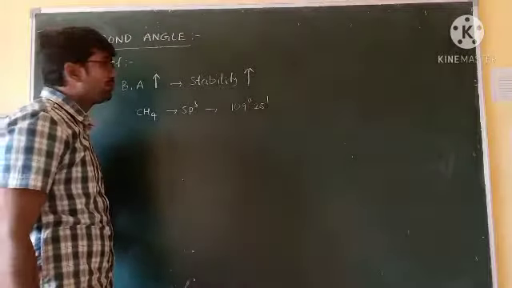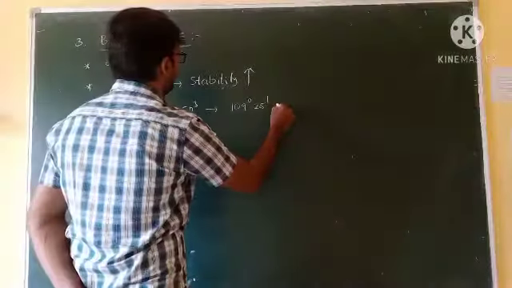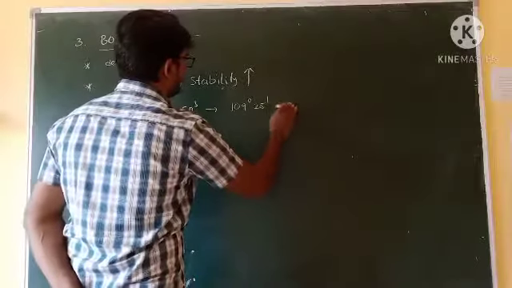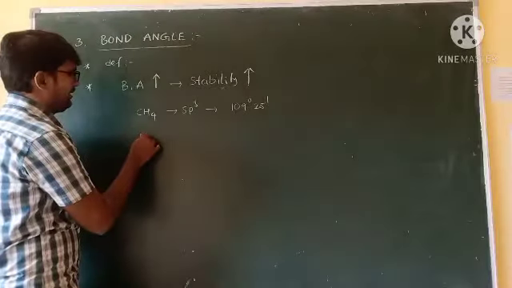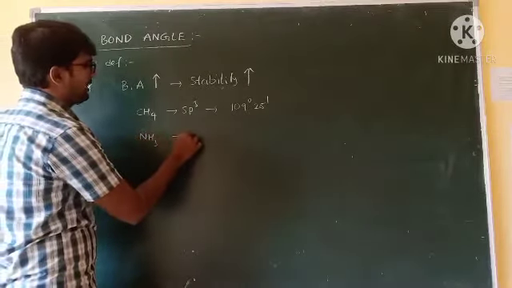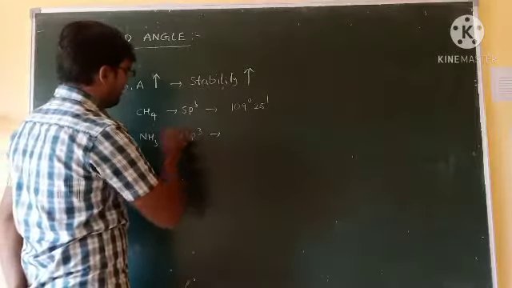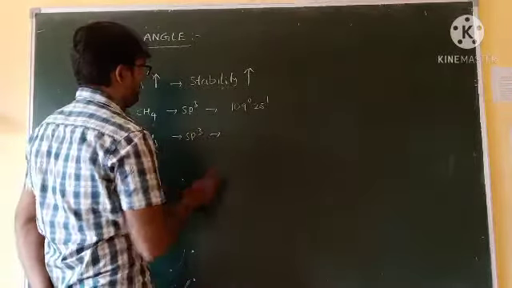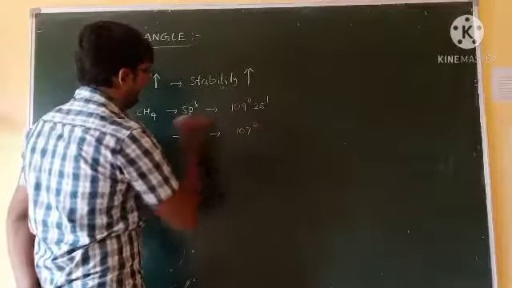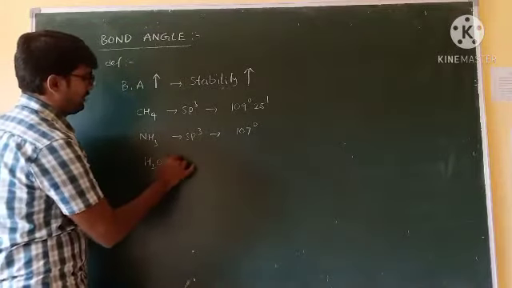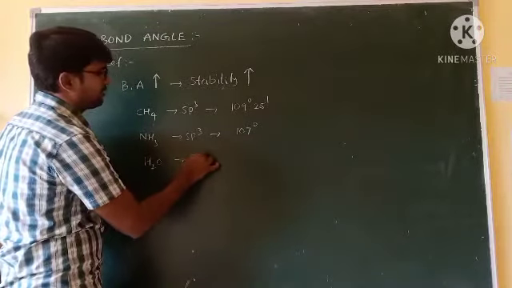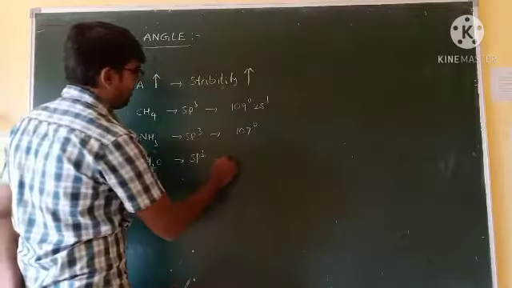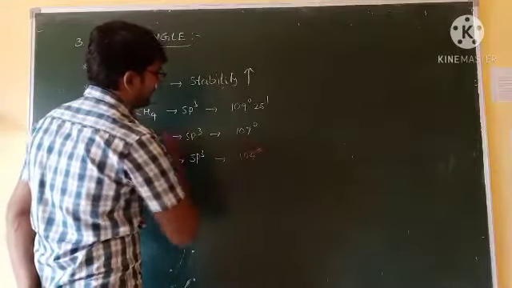Second one, NH3. It also undergoes sp3 hybridization, but the bond angle is 107 degrees. H2O also undergoes sp3 hybridization, but the bond angle is 104 degrees.